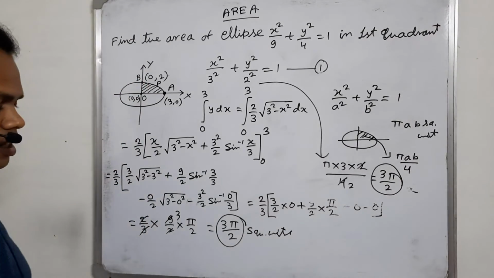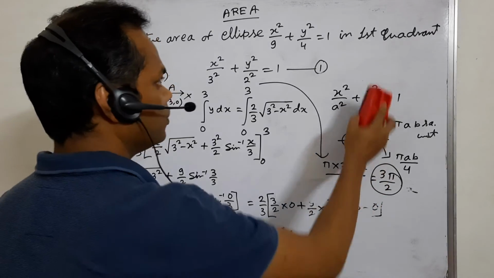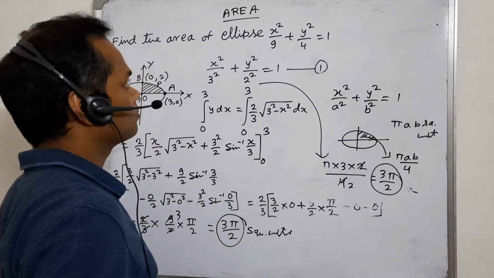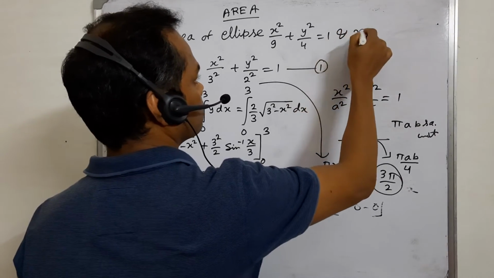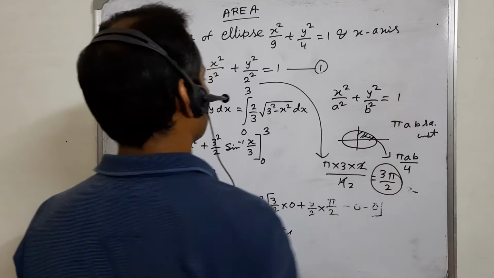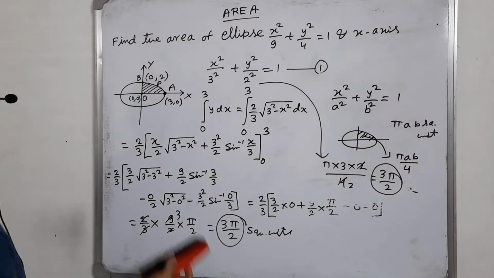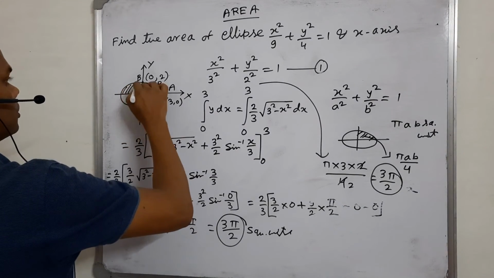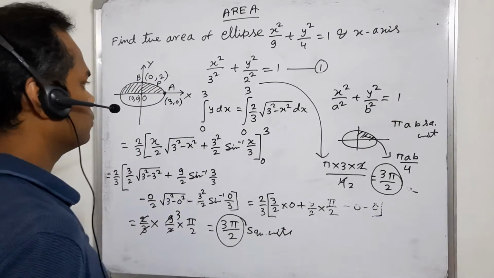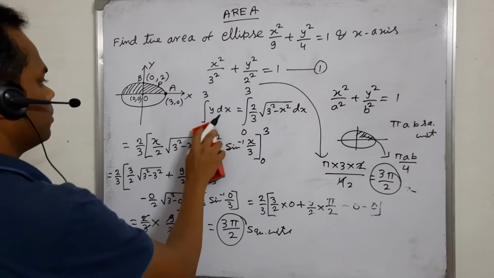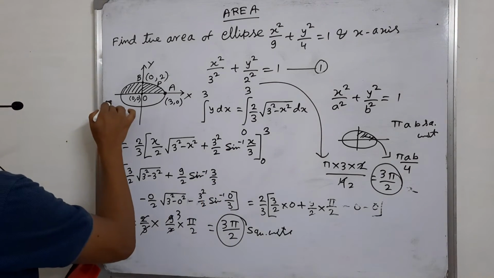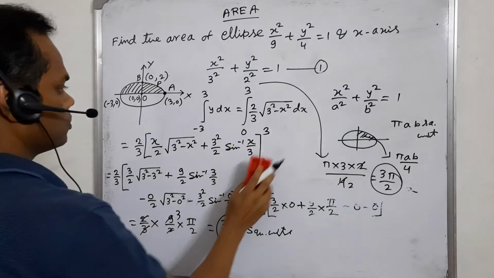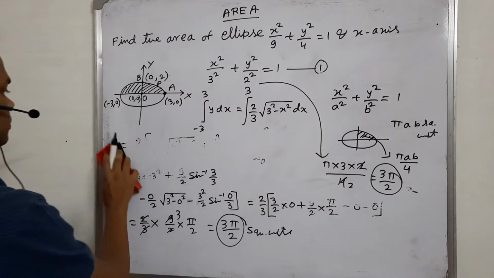And if the area is given not in the first quadrant but bounded by the x-axis, then we have to find this other region also. So this part changes: from minus 3 to 3 of y dx.